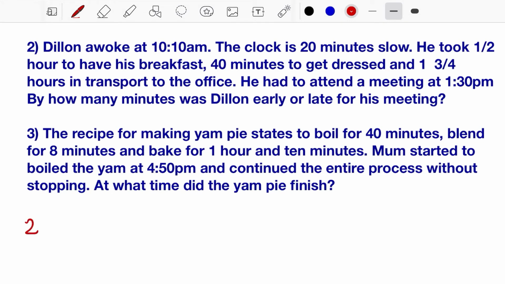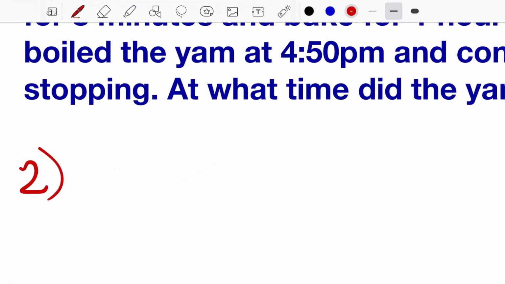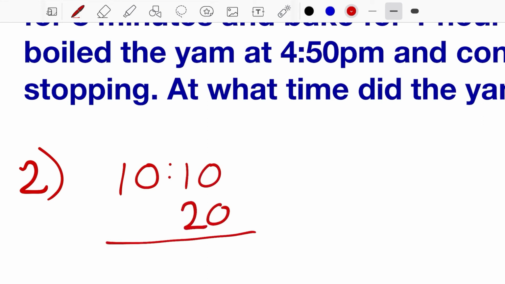So the first bit of information that they gave us was that the clock is 20 minutes slow. So in order to get the correct time, we must add 20 minutes. So 10 plus 20 minutes, 20 plus 10 is 30.